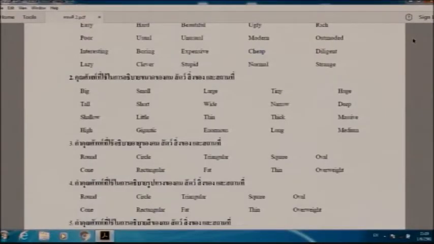And then we have lazy. Lazy is mostly used to describe the character of a person. When the person is lazy, this person hardly meets his responsibilities. He doesn't do things on time, and then he's lazy.